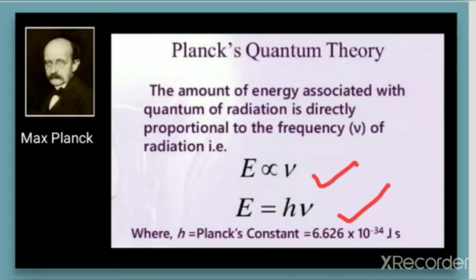Here nu is the frequency, h is a constant of proportionality called Planck's constant, and its value is 6.626 × 10^-34 joule second. It is one of the important values which you need to remember. Planck's quantum theory gives the value of h, that is Planck's constant, equal to 6.626 × 10^-34 joule second.